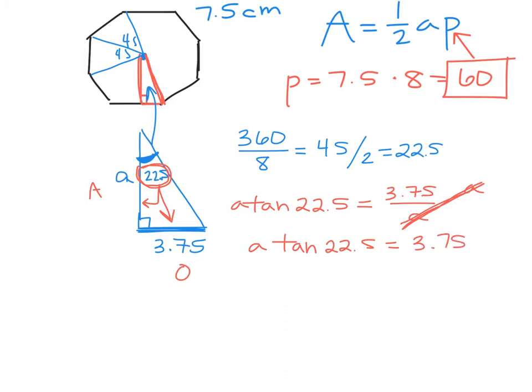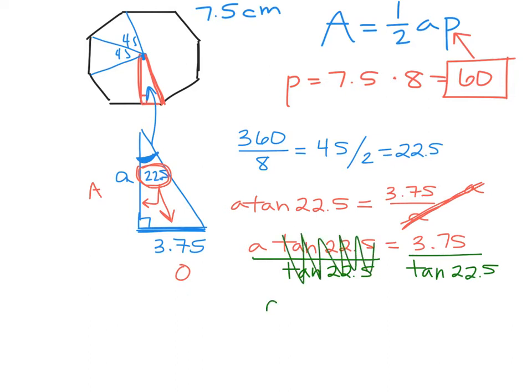How do I solve for A? You divide by tan 22.5. Okay, you won't ever use an inverse on this stuff. We're never going to be solving for the angle. You can find the angle on your own. So just keep that in mind. Don't think inverse on these. So our apothem is this.